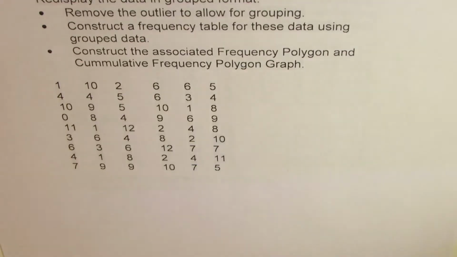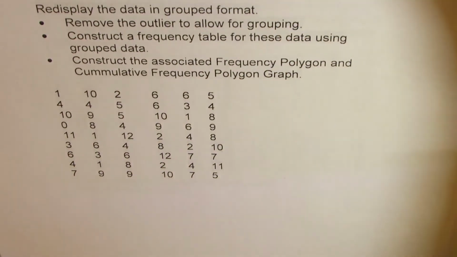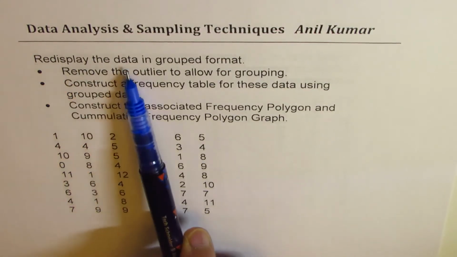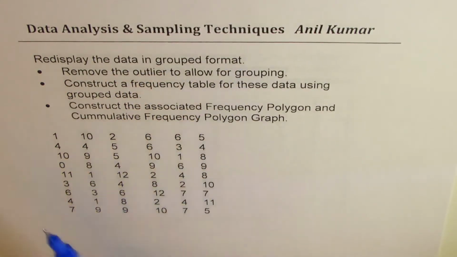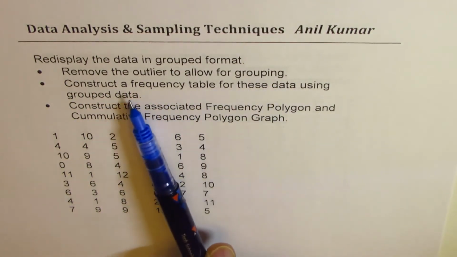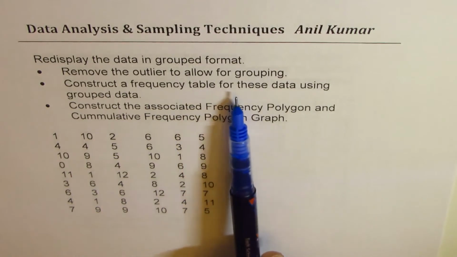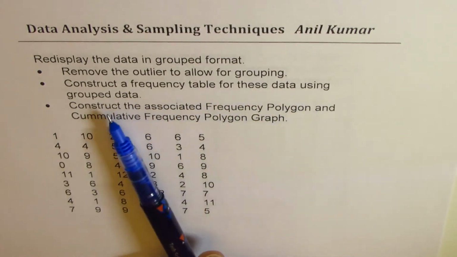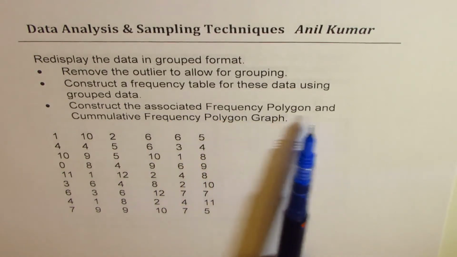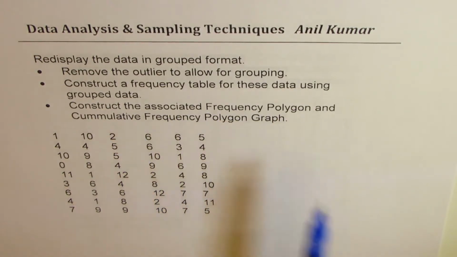So that's the kind of question which we are going to answer, right? Now we'll actually modify this question a bit. Keeping the same data, redisplay the data in grouped format, remove outlier to allow for grouping, construct a frequency table for these data using grouped data, construct the associated frequency polygon, and cumulative frequency graph.